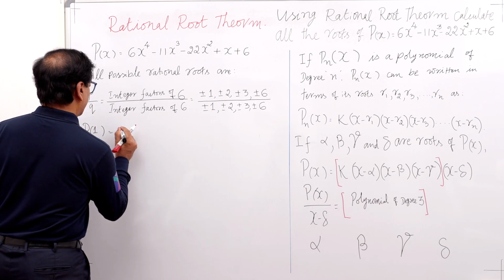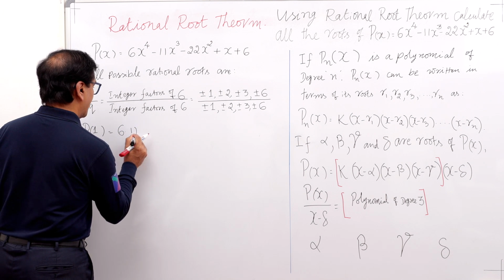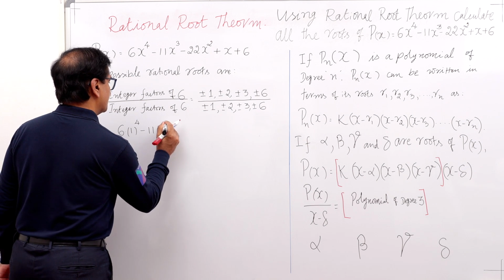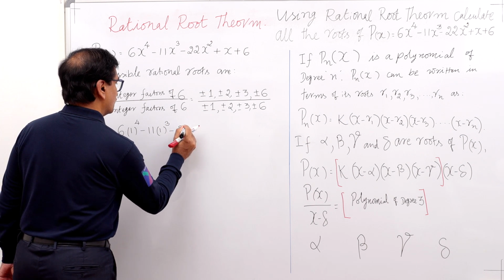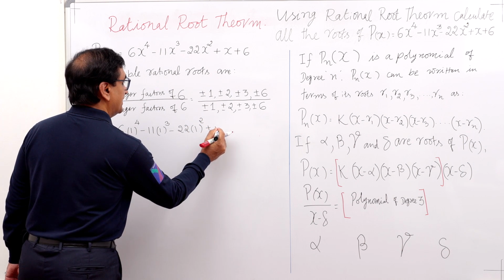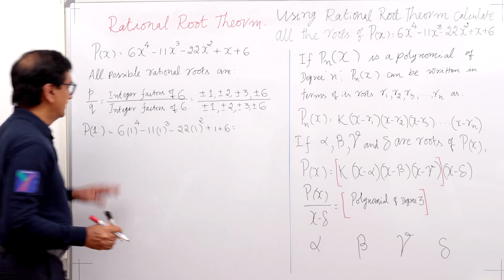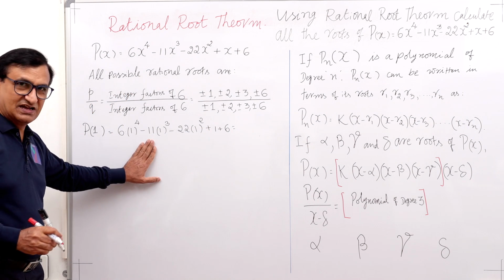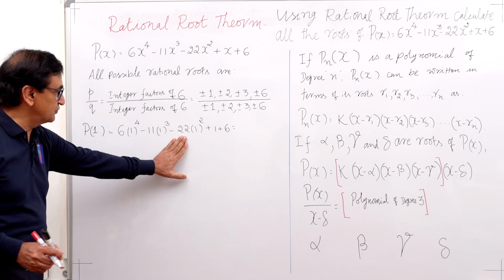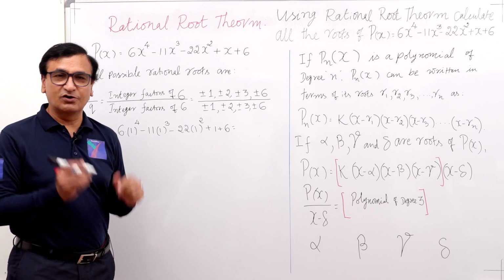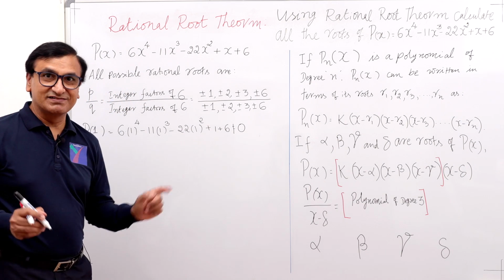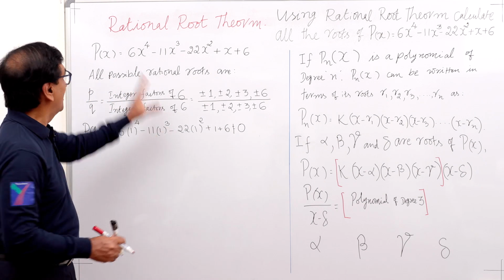So p1 would give me 6 into 1 power 4 minus 11 into 1 cube minus 22 into 1 square plus 1 plus 6. Okay, so this would be 6 minus 11, that is minus 5, minus 22, minus 27, plus 7, definitely not equal to 0. Therefore, p1, that is 1, is not a root of our polynomial.